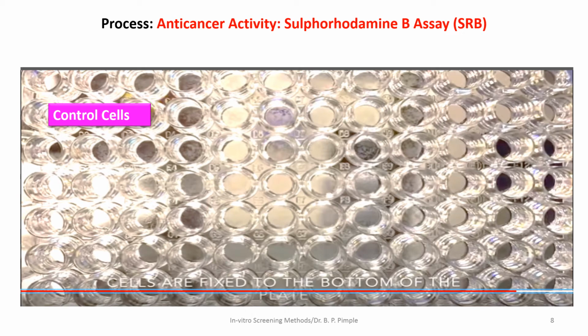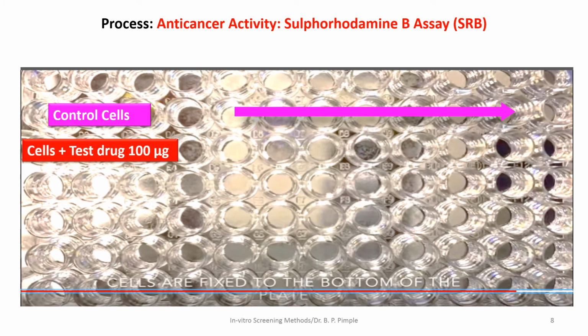Now we will add these cells into certain wells of the plate. Suppose these are 8 wells wherein we have added the control, the cells which we have not treated with any anti-cancer drugs. So these are the control wells.